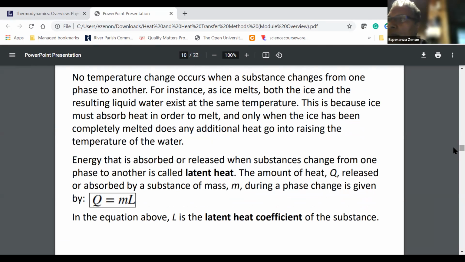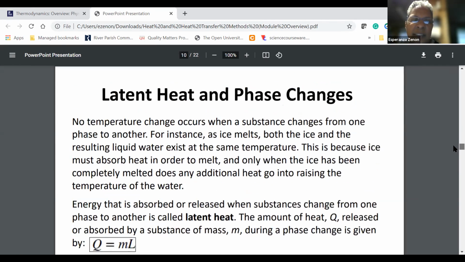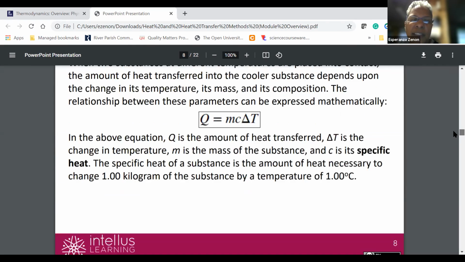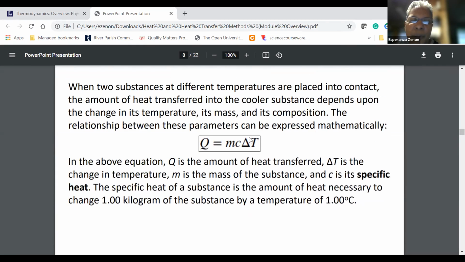Well, you might not have given this any thought, but this is how things work. As a material or substance is changing from one phase to another, the temperature stays fixed, meaning no temperature change occurs. Well, if no temperature change occurs, then delta T is 0. If delta T is 0, put 0 in this formula for delta T, and you get Q equals 0.